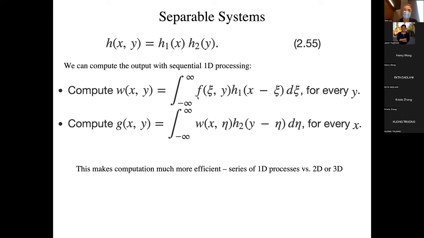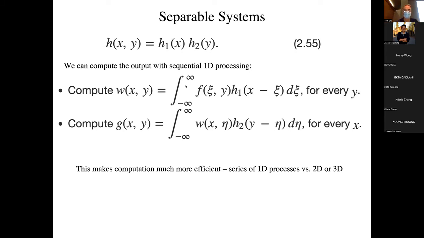If I have my input, for each value of Y, so for each row, I can just run my point spread function in X across that, do that convolution first, right? So Y here is just a placeholder. It just says for this Y value, we're going to run our blurring or our convolution in X first.